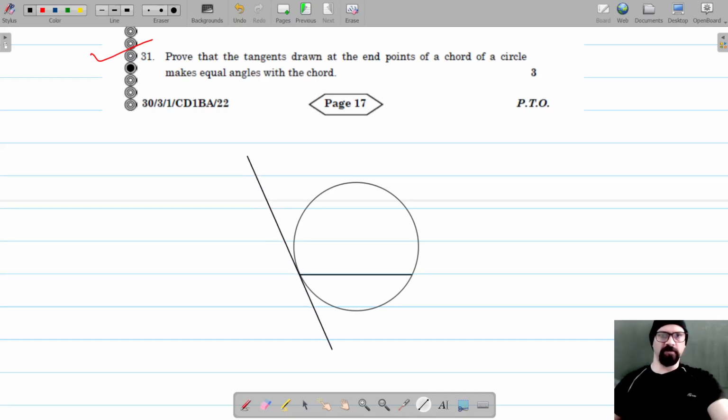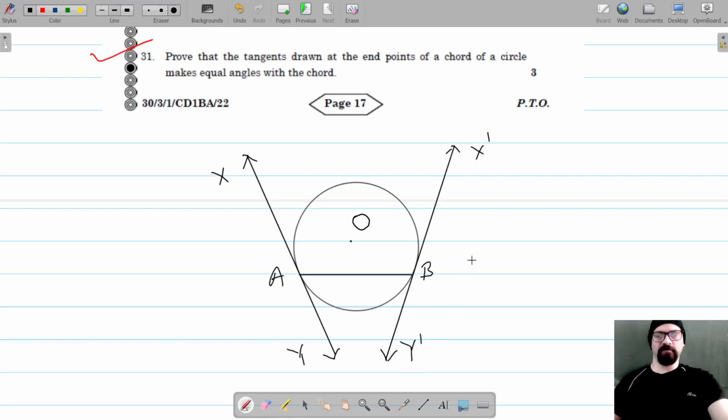So let's say this is one tangent, and this is the other tangent. Let this be the center of the circle O, and this chord be BA, and these tangents be XY and X'Y'.